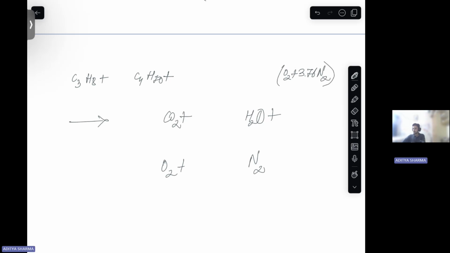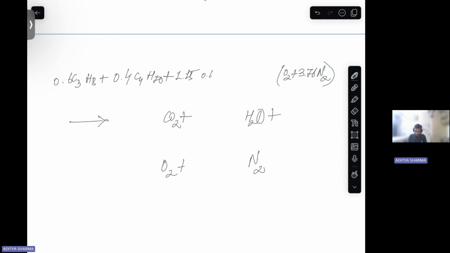Now, based on the information given, we will write the coefficients. So this will be 0.6, this will be 0.4, and then 1.15 of your stoichiometric air is to be used, right? But what is the stoichiometric air?